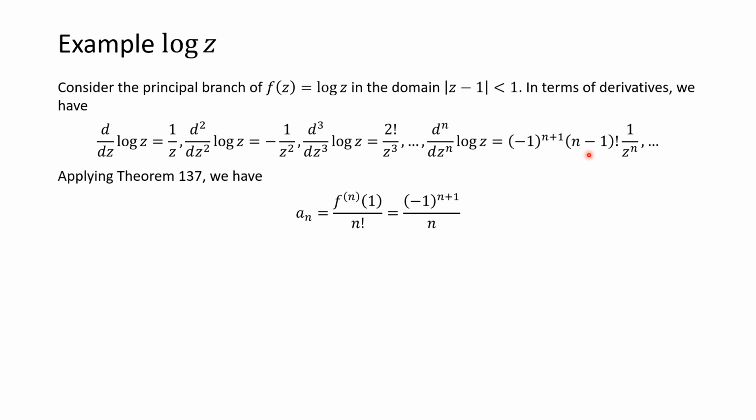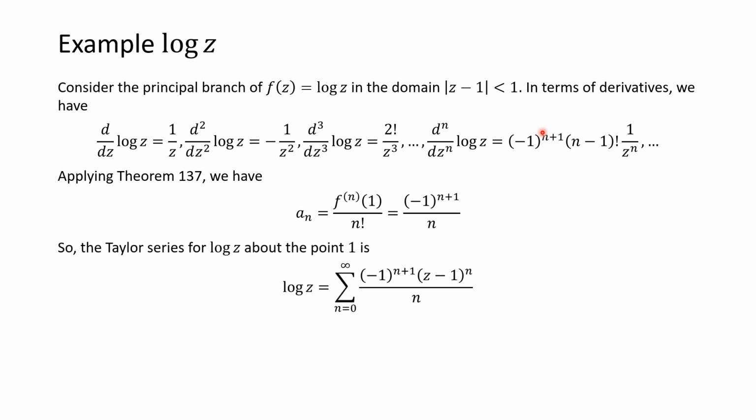And you get the n minus 1 factorial, but you're divided by n factorial, so you just get an n in the denominator, and then you have this minus 1 to the n plus 1 term. And so we plug that into the formula, and that's what we get. This is the Taylor series for log z at the point z equals 1 within this disk here, z minus 1 less than 1.